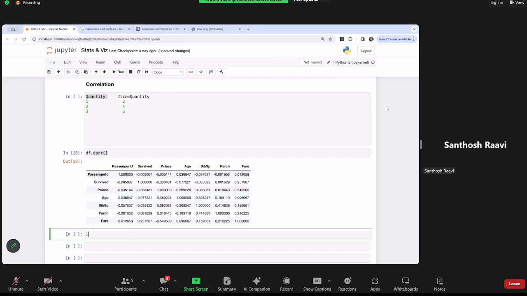One means highly correlated, zero means least correlated.